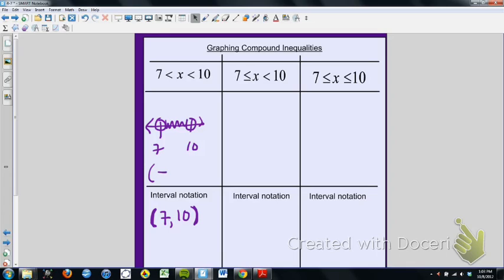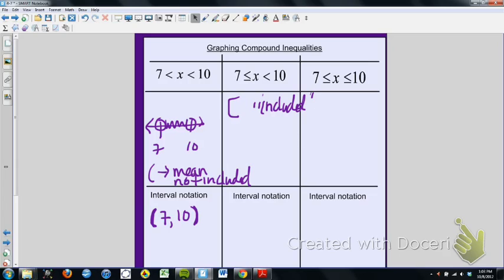The rounded brackets mean they're not included. Whereas we can use square brackets to mean, actually over here we're going to have a square bracket. Square brackets mean the value is included.